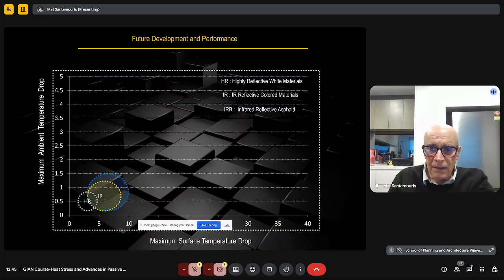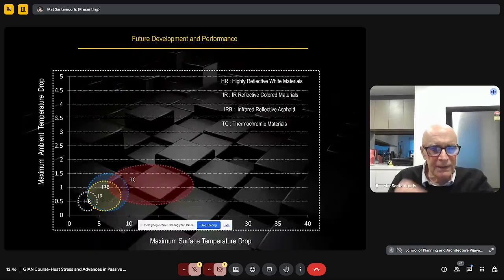And then we developed the infrared reflective asphaltic materials, which also improve the performance. And then the thermochromic materials provided very, very high performance. You see that we can have much lower surface temperature and important benefits regarding the ambient temperature.